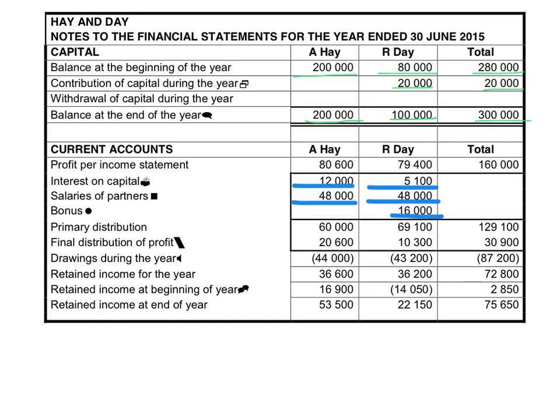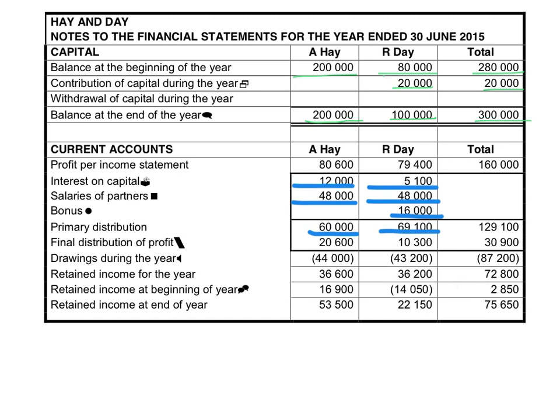I add up the figures to see what the primary distribution is. So the 12 plus the 48 will give me 60,000. The 5,100 plus 48,000 plus 16,000 will give me 69,100.